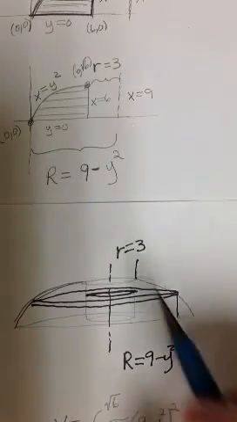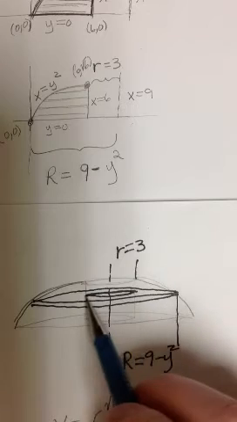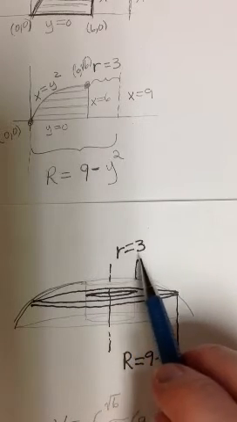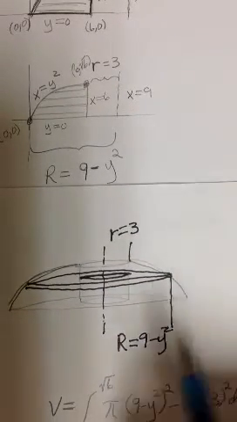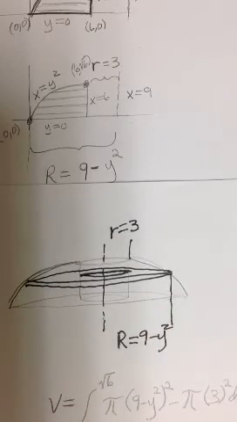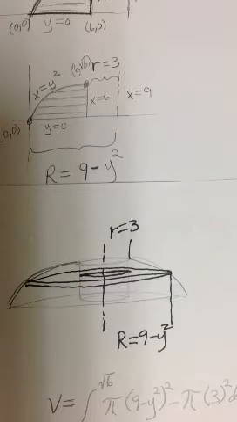And again, for the open space, we have the inside portion of the washer, the hollow section, with the radius measure equal to 3. For the outer layer, the outside radius, going back to what we had before, is going to be 9 minus y squared.